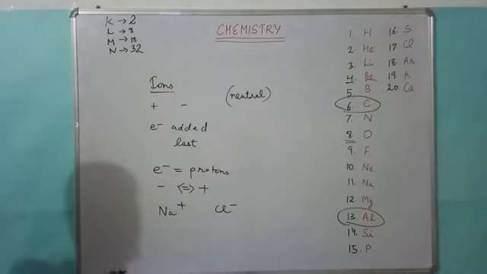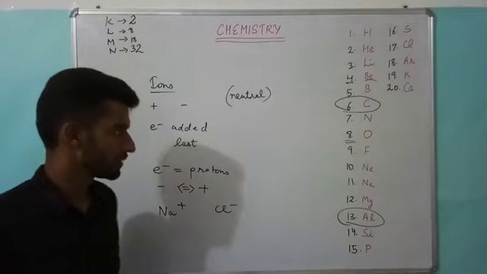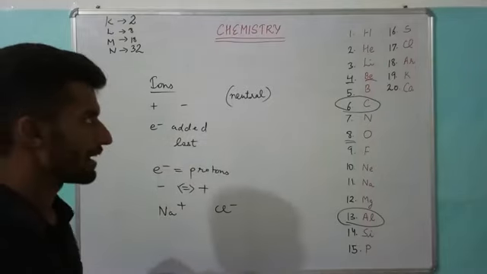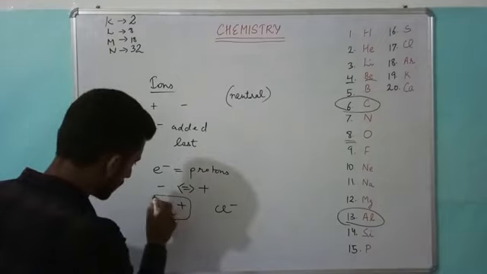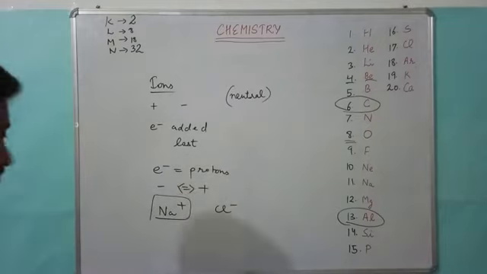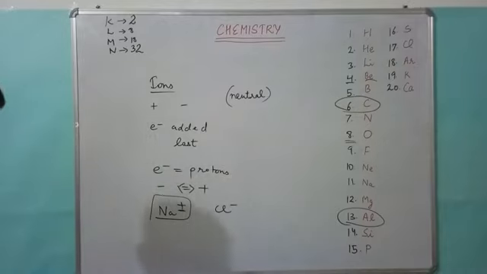Gaining and losing of electrons depends on different factors that you will study in higher classes, but always remember that whenever loss of electron occurs, positive charge develops. Why does positive charge develop?